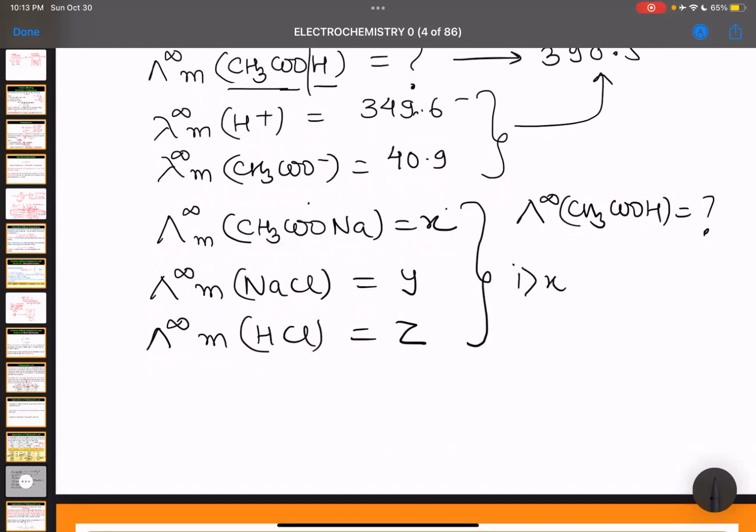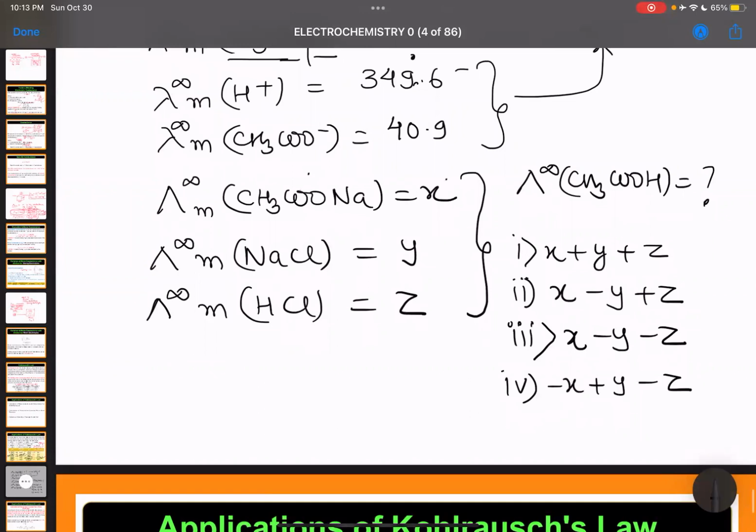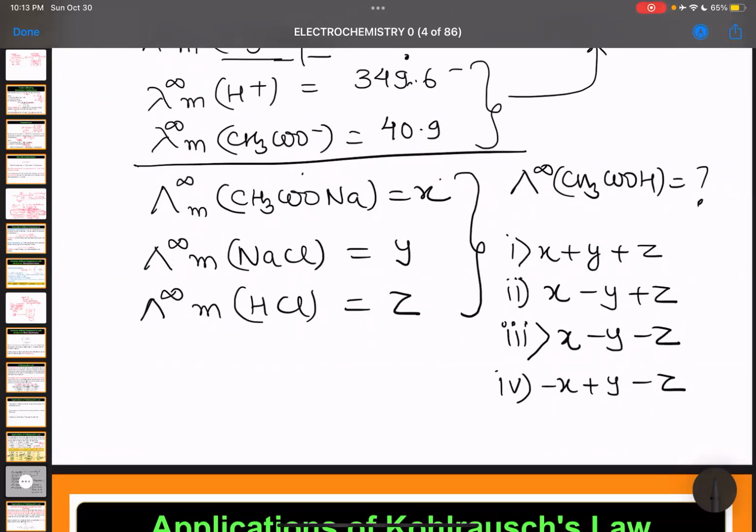What's going to be the answer? Treat them just like before. If the question comes in this way, then also it is very, very easy. You just need to check the ions which are forming, and you need to add or subtract these three so that you can get acetic acid.